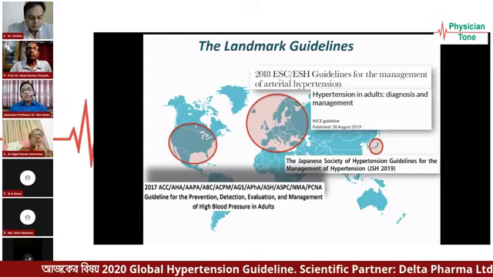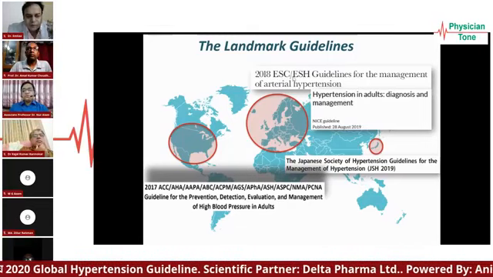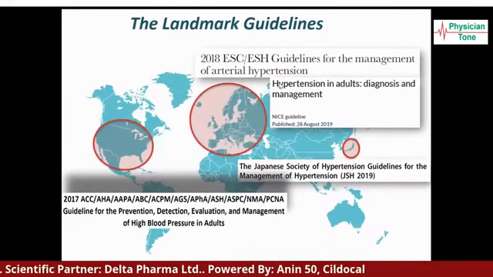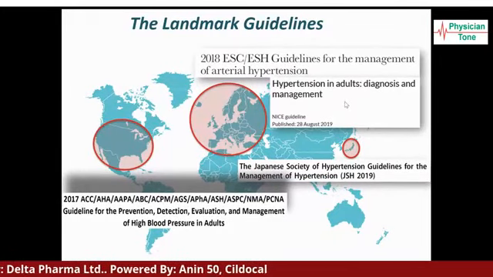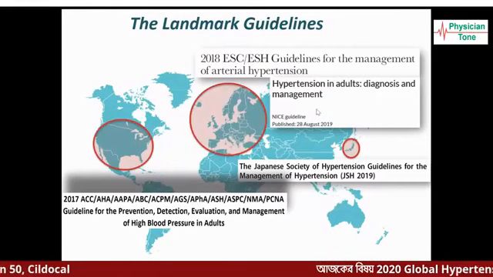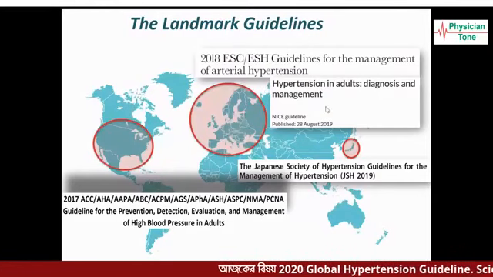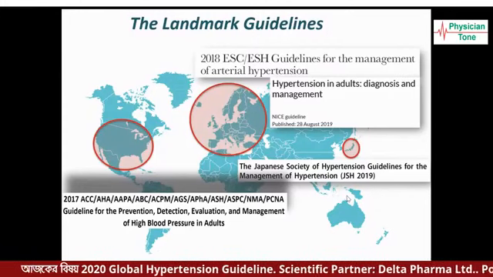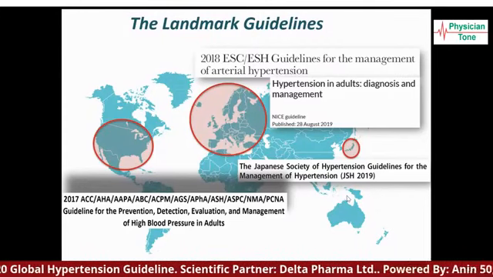In 2018, the ESC published guidelines for the management of arterial hypertension. In 2019, Hypertension in adults: diagnosis and management was published as a NICE guideline. And in 2019, the Japanese Society of Hypertension published a guideline for the management of hypertension.